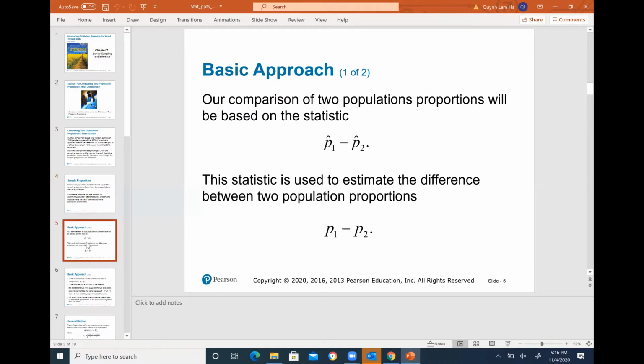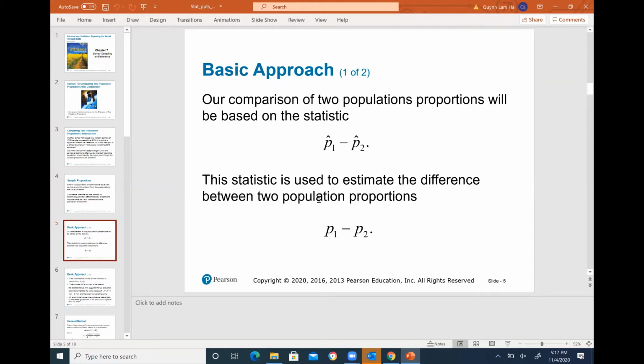So the basic approach, what we're going to do, is they give us the idea. Our comparison of two population proportions will be based on the following formula: p hat 1 minus p hat 2. So p hat 1 in this case is 2002, and p hat 2 in this case will be 2009.